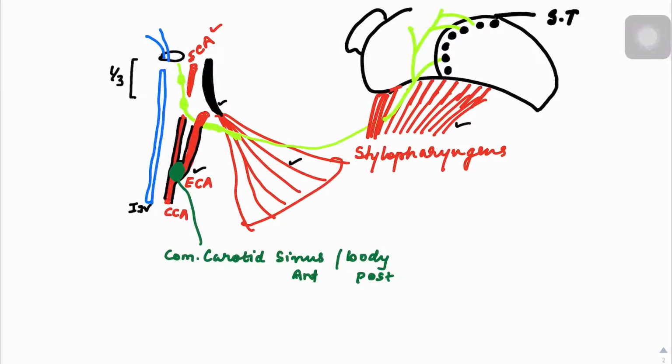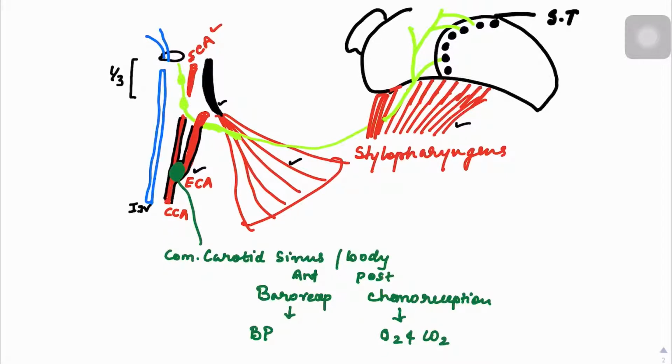The sinus is concerned with baroreceptor, whereas the body is concerned with chemoreception. That means they are concerned with change in blood pressure and change in chemical composition like O2 and CO2.